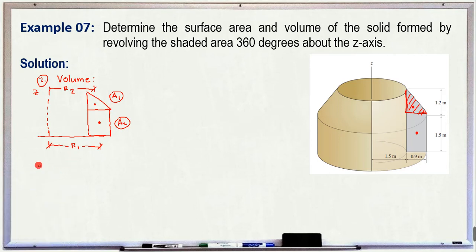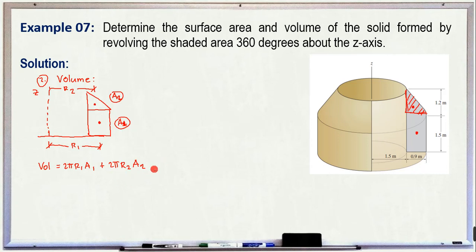So the formula for the volume using the second proposition of Pappus, we have again the circumference 2 pi r1, starting with the first, okay, actually this is area 2, this is area 1. So 2 pi r1, the centroid of the first area times the magnitude of area 1, plus 2 pi r2 times the magnitude of the second area.